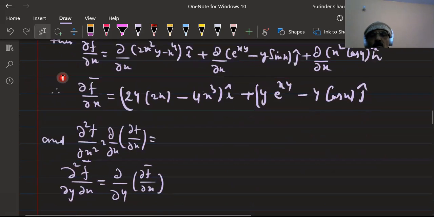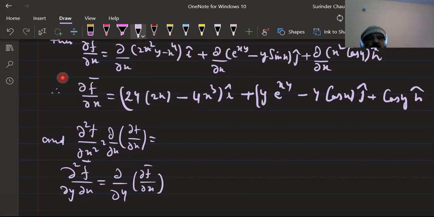Plus, the partial with respect to x of x squared cos y, cos y is constant, is 2x cos y k. Now the second derivative of this.